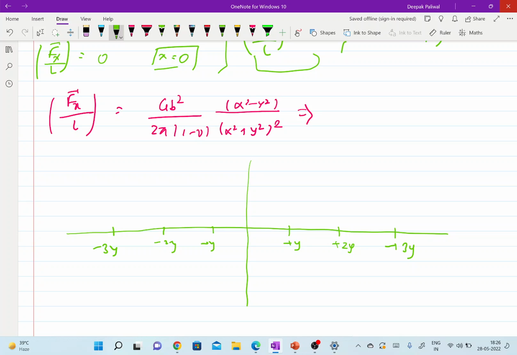Okay, so for the dislocations with the same sign, if I am drawing, then it would be like this, in the negative direction.